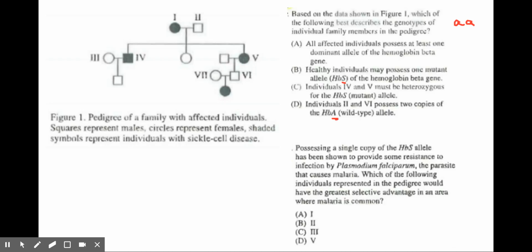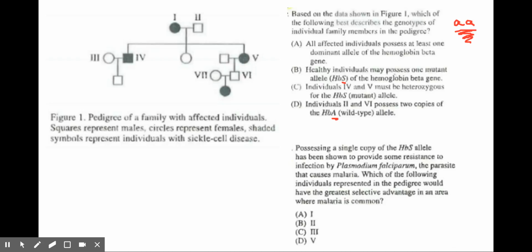A, all affected individuals possess at least one dominant allele of the hemoglobin beta gene. And affected individuals, based off of what we understand about the pedigree, and basically what we understand about sickle cell in the first place, is that they have to have both of the mutant alleles.